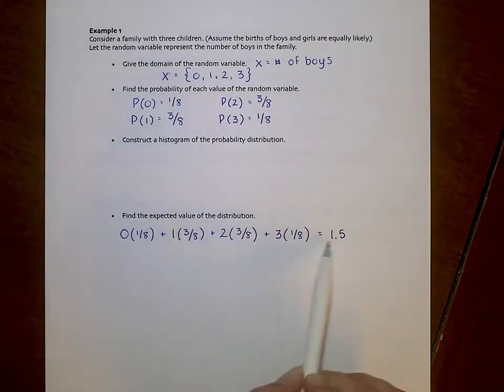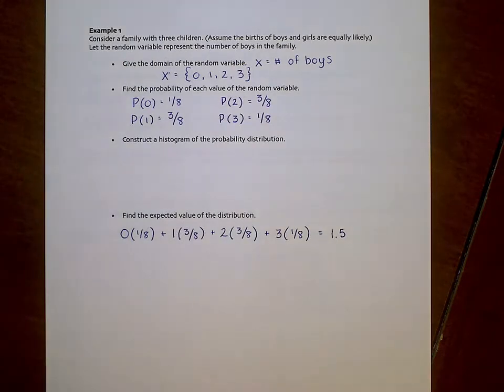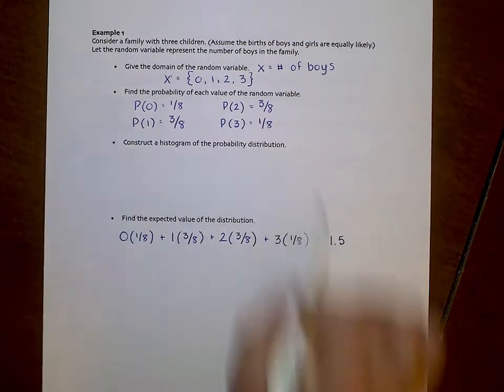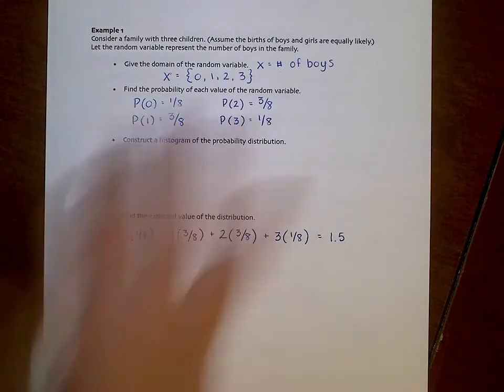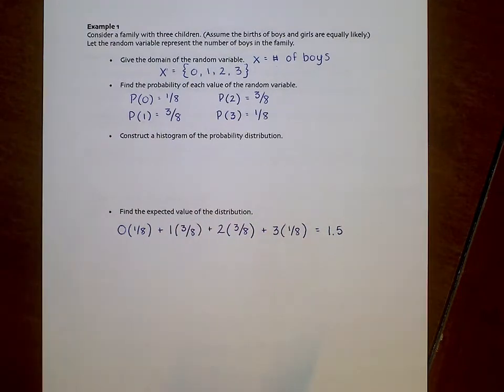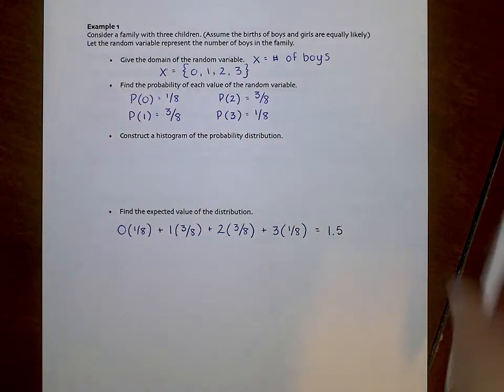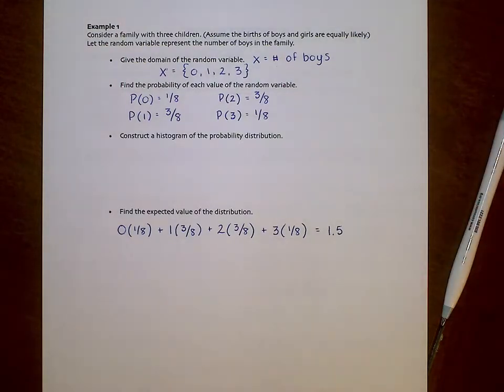So what this is saying is that if I were to do an experiment with 3, I would expect 1.5 of them to come out as boys, because of that 50-50 probability. A 50-50 probability is pretty boring for this type of thing, but it would be more complicated to use a more complex probability. For right now, we just want you to understand the terminology and the calculations.